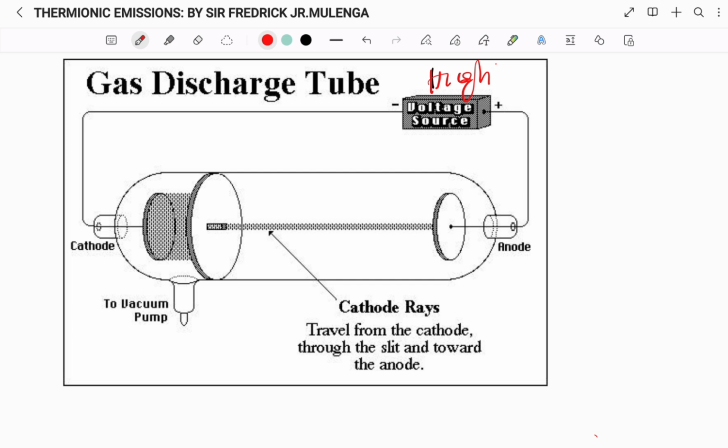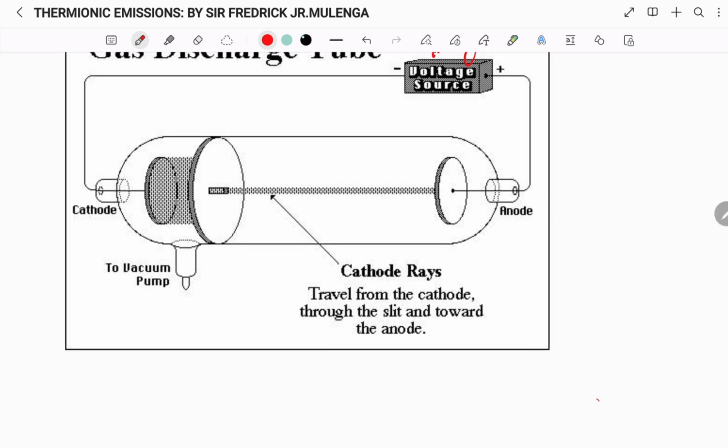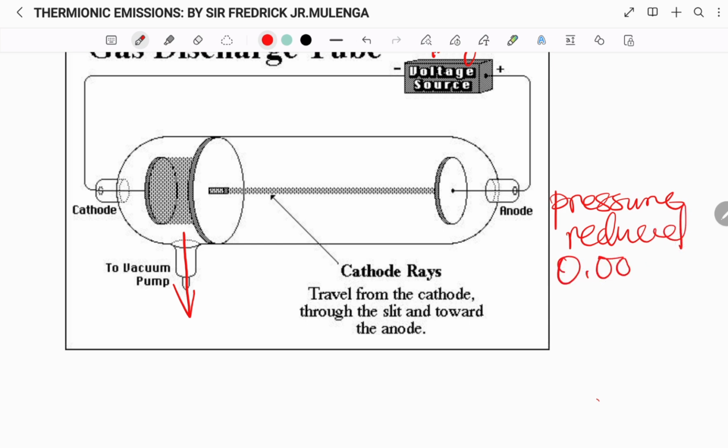But it was discovered that when some air was withdrawn from the discharge tube, leaving a vacuum inside, the pressure reduced, at least maybe to 0.001 mm of mercury, current was seen flowing through the tube.